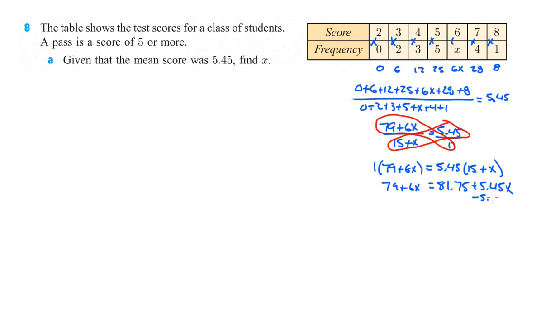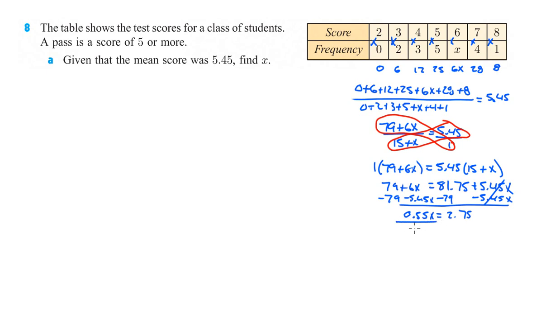So I'm going to subtract my 5.45x from both sides. That gets rid of that. Since we're moving all the x's to the left side, let's move all the constants to the other side. So subtract 79 from both sides, and we get 0.55x equals what, 2.75. Excuse me.